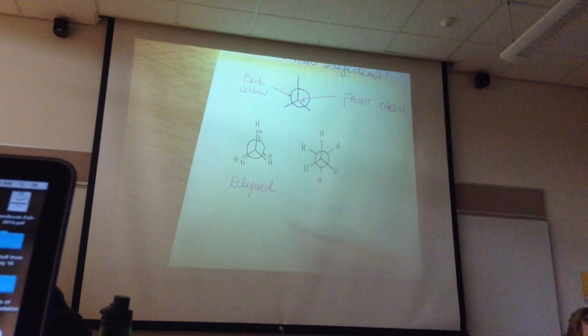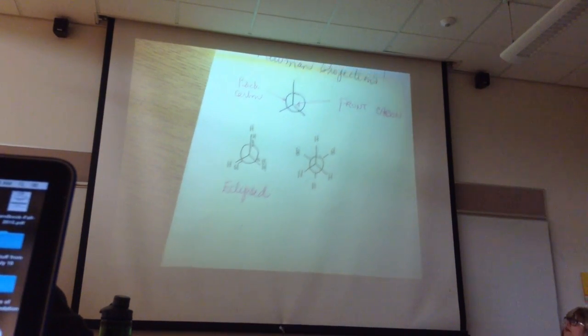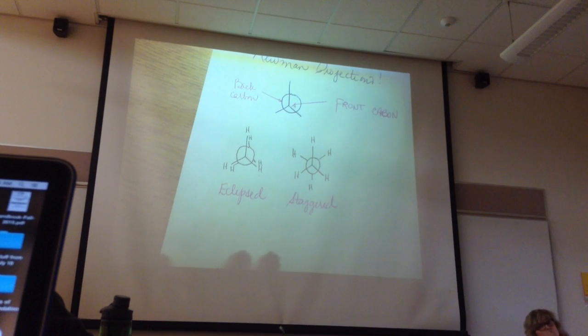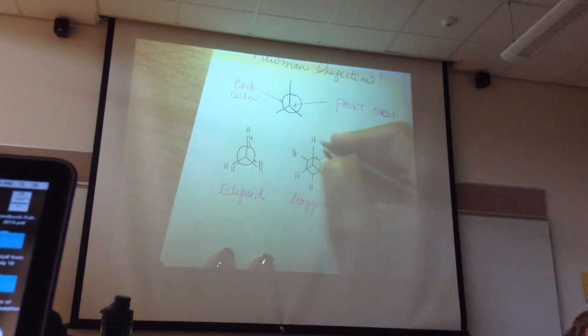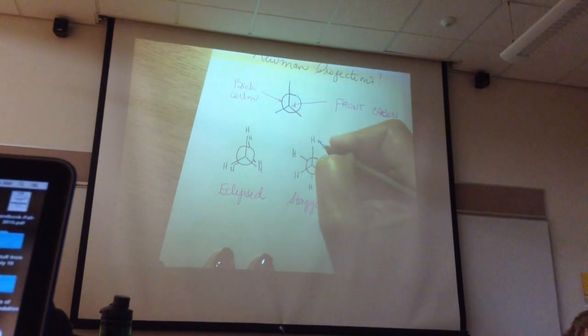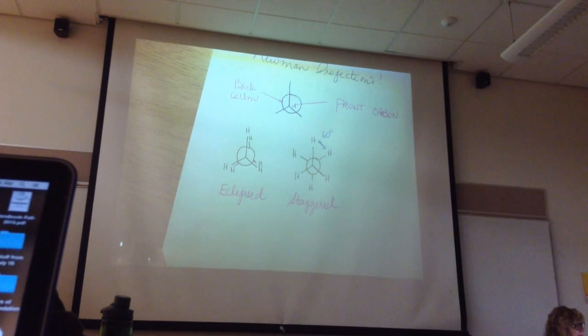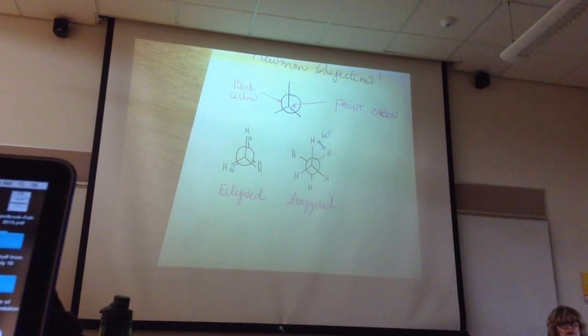And when you get to see all the hydrogens of ethane, this is going to be called staggered. Every time you do the rotation, you have gone 60 degrees. And if we do another 60-degree rotation, where are we going to be? At eclipse.